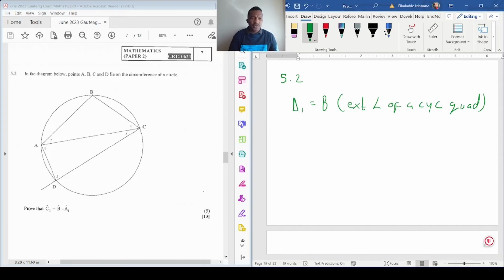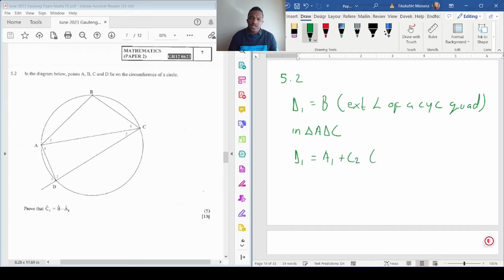Okay. Now we have that D1 is equal to B. Now what else can we do? If you look at C2, C2 is actually positioned inside triangle ADC. Let me just say in triangle ADC, we can see that actually D1 is equal to A1 plus C2.